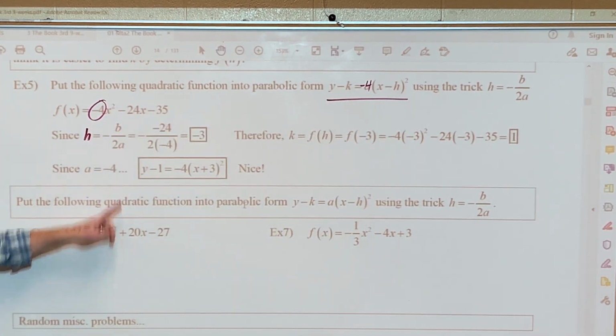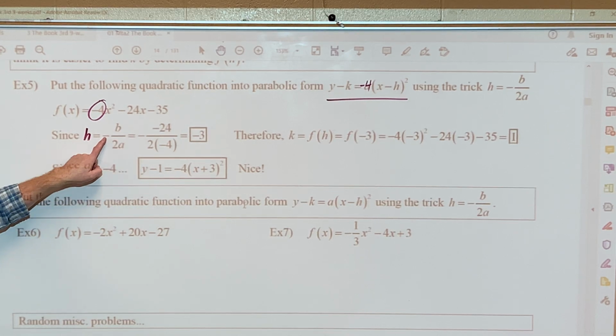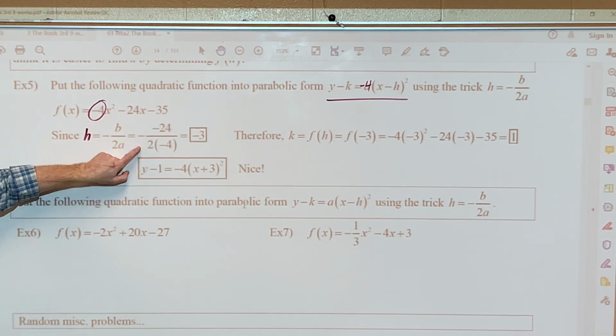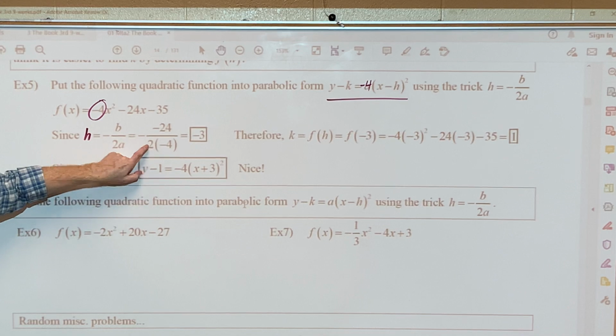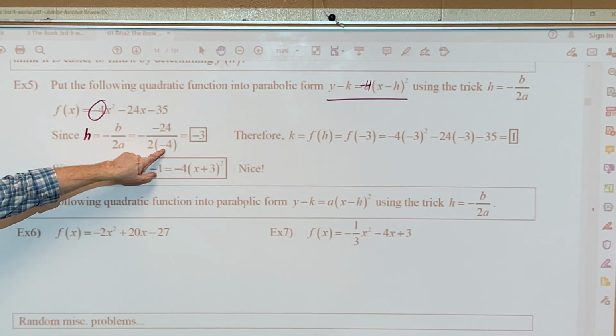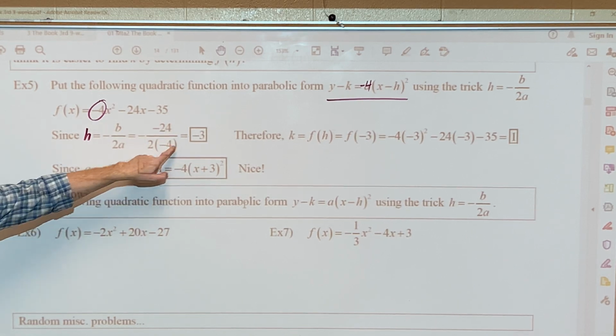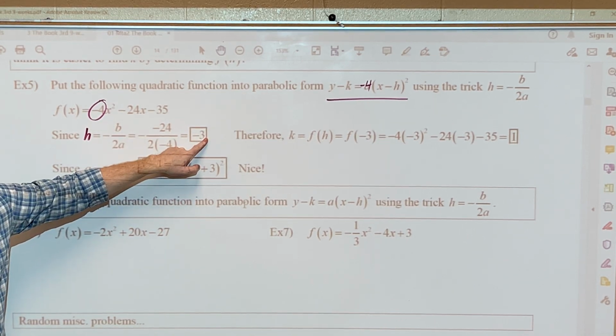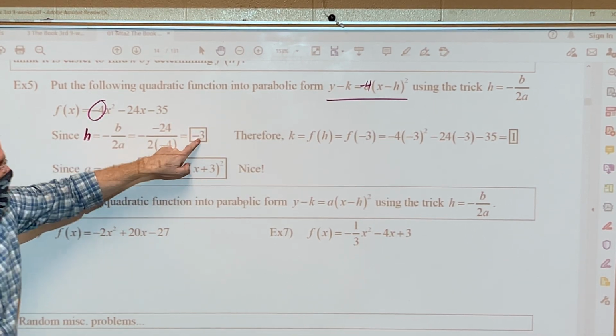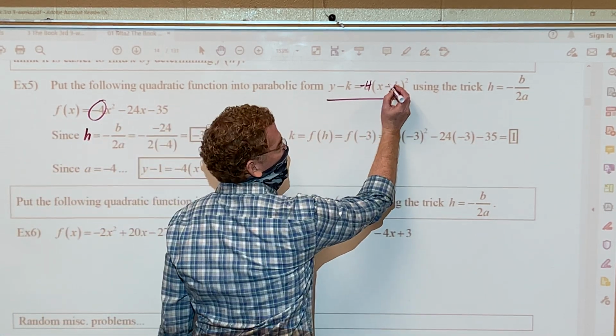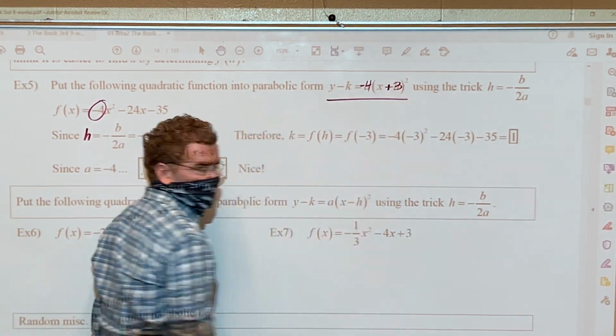What's the trick? Negative b over 2a. So negative 24, negative 24 over twice the a value. Well, there are 3 negatives, so it's negative. What's 24 over 8? So negative 3, that's my x coordinate. So x minus the negative 3, there's your plus 3.